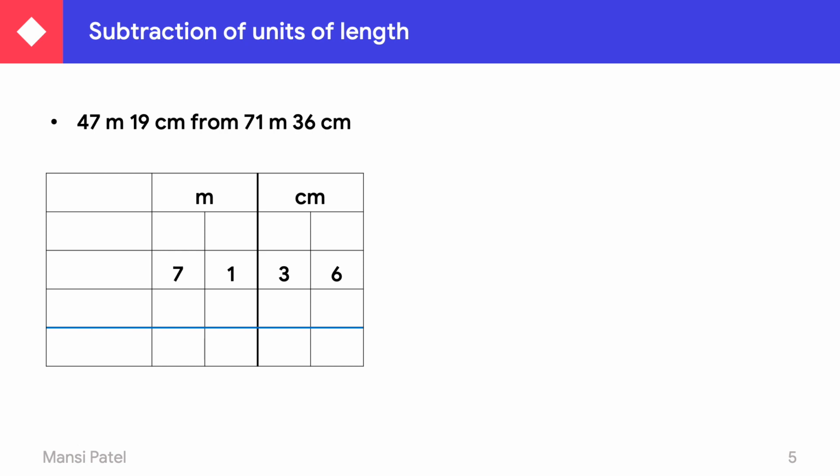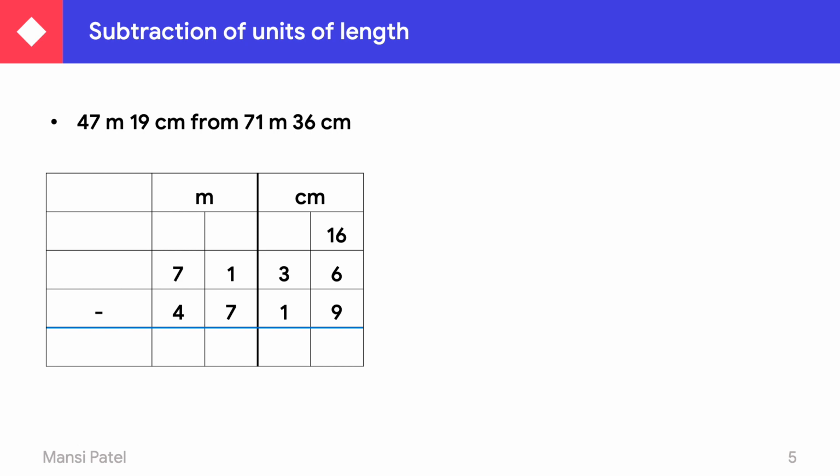Now we have to do the subtraction. That's why we put the minus sign. And how many meters are there? 47. So write down 47 in the meters column, and in centimeter 19. Then after, we do the subtraction. 6 minus 9 is not possible. So we borrow from 3.